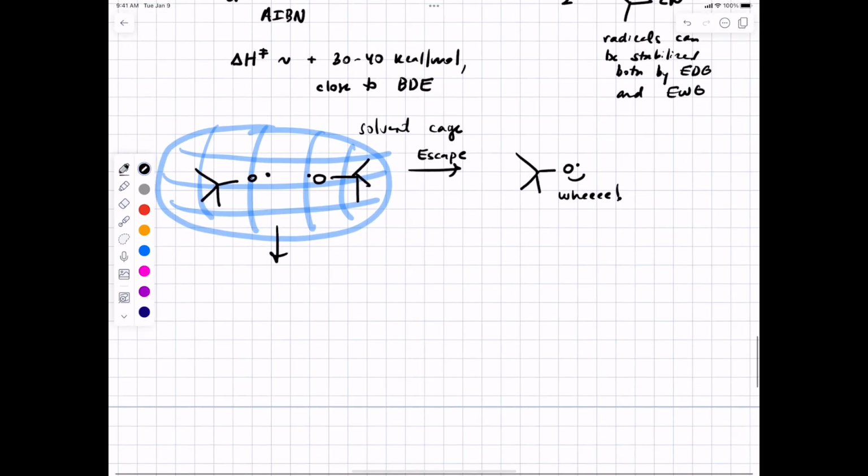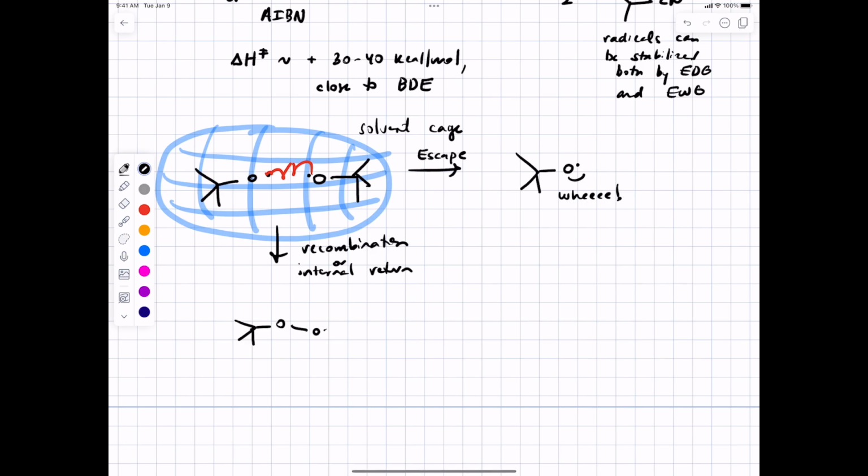Or you have recombination, or sometimes called internal return, whereby the 2 radicals just meet up and form the new bond again, and you go back to starting material. And there are things that can promote versus inhibit escape.